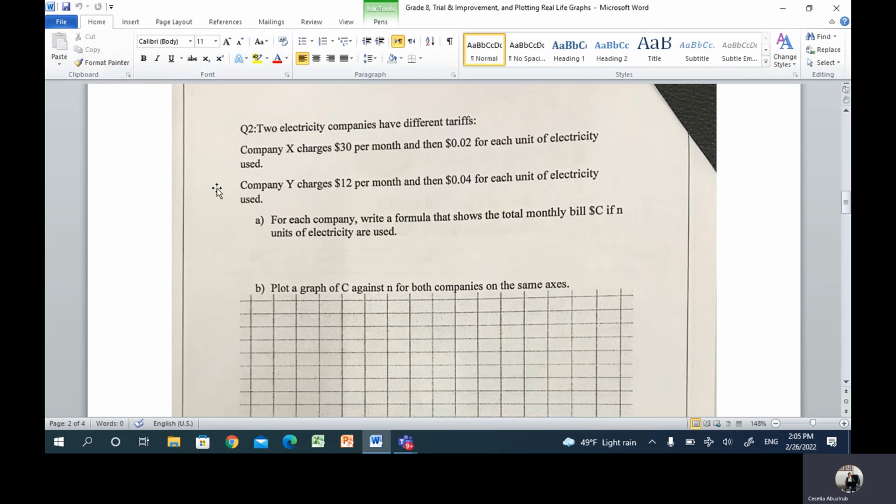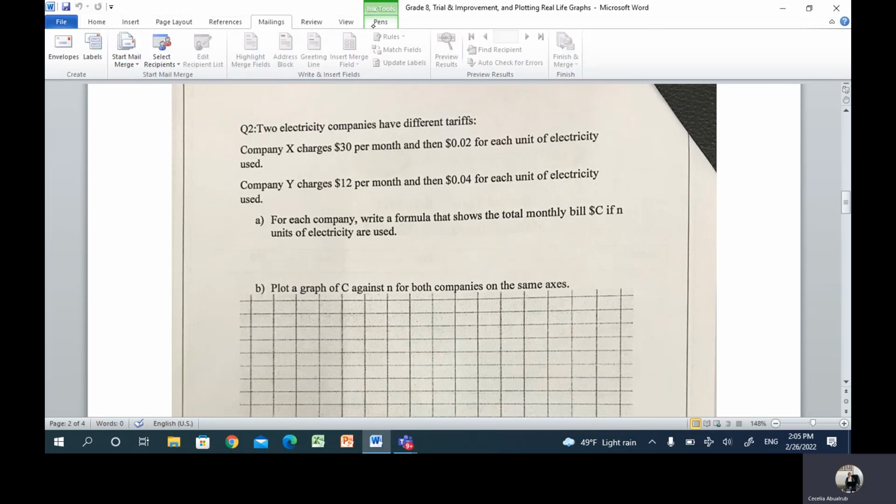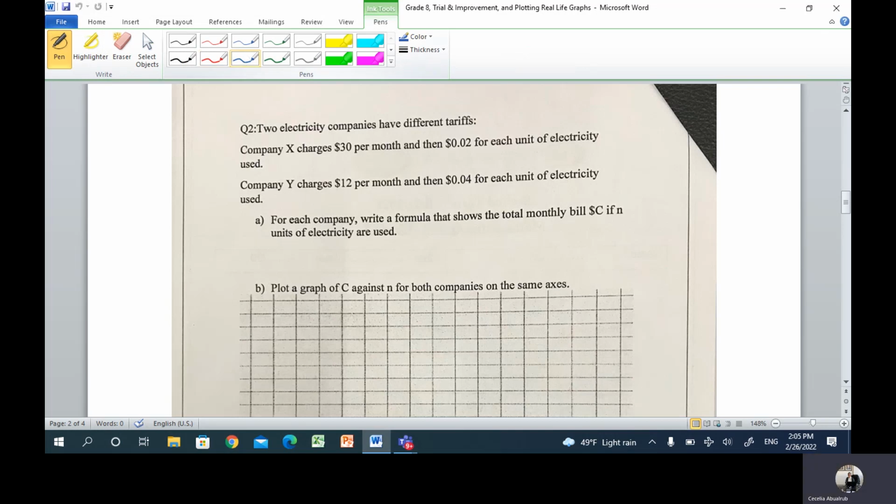Company X charges, which means here that the cost per month is equal to 30, you're going to pay it anyway. Add to it $0.02 multiplied by each unit that you consume. So basically, this is the equation that you need to form.